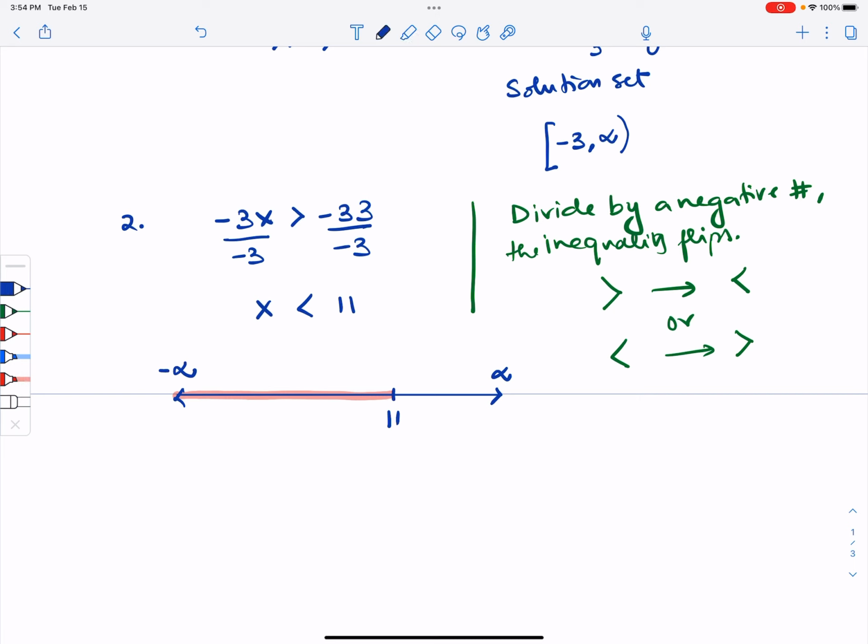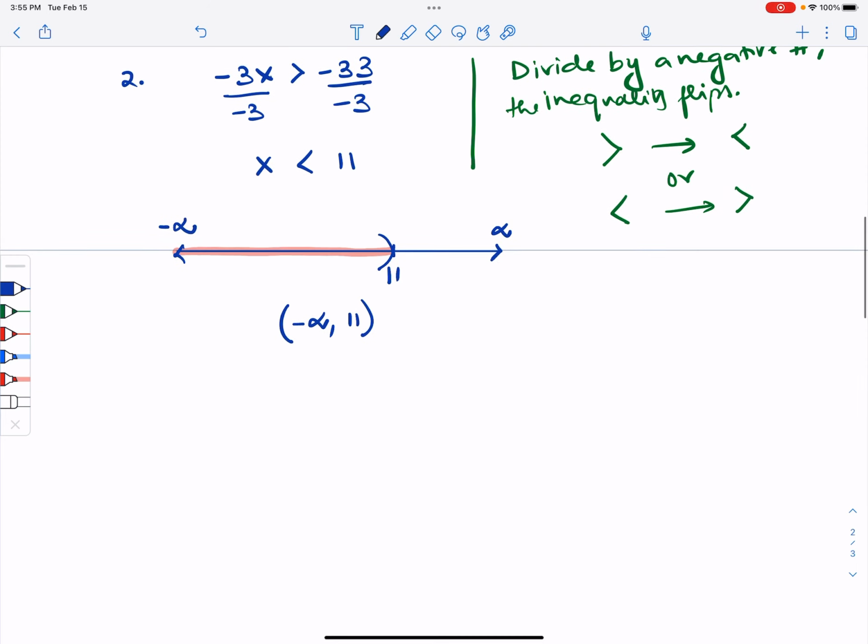But because 11 is not included, we use a regular bracket, and again the bracket opens out towards all the possible values of x. So that would be the graph, and then the solution set would be open bracket, negative infinity, comma, 11, close bracket.